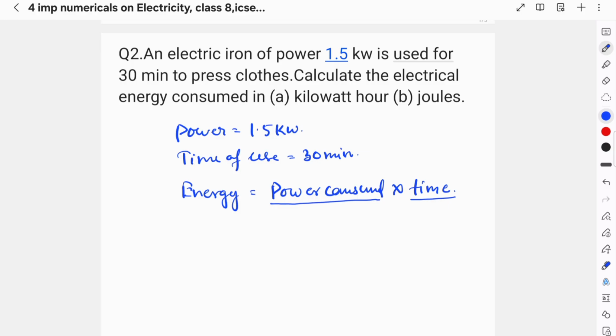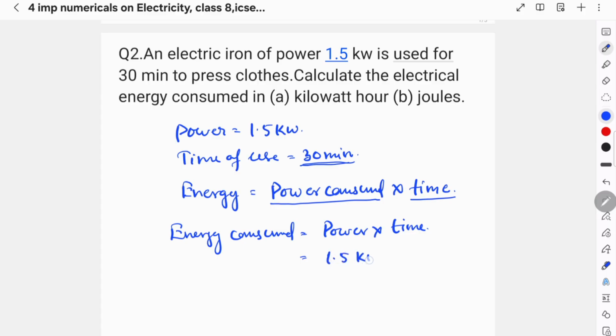In this case, the power was consumed for 30 minutes because the electric iron was used for 30 minutes. So energy consumed will be equal to power into time. Power is 1.5 kilowatt into 30 minutes, that is 0.5 hours.